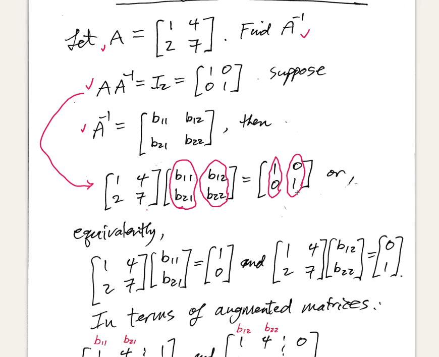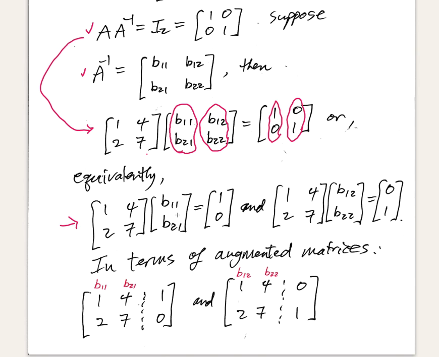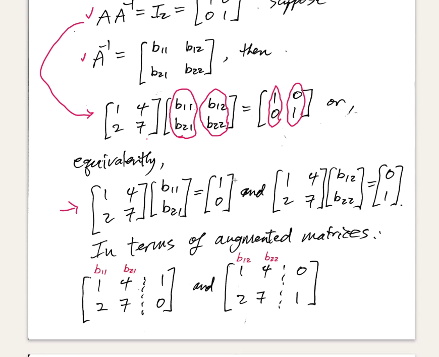I've encapsulated those facts in these two equations, so I broke this single matrix equation into two matrix equations, dealing with it column by column. Each is implying the other, just saying the same thing in two different ways.